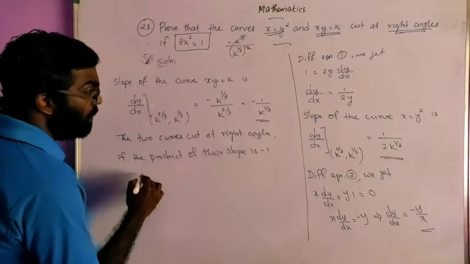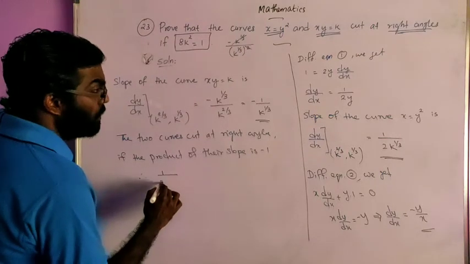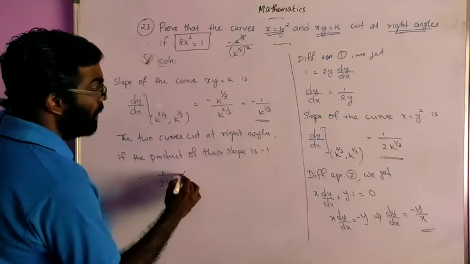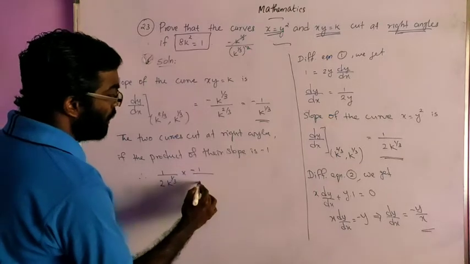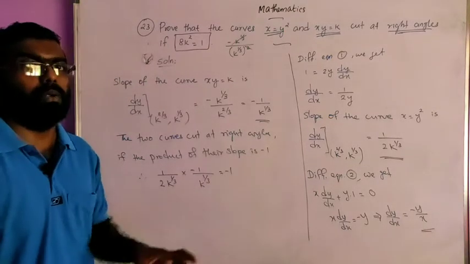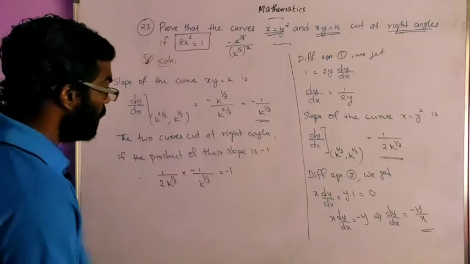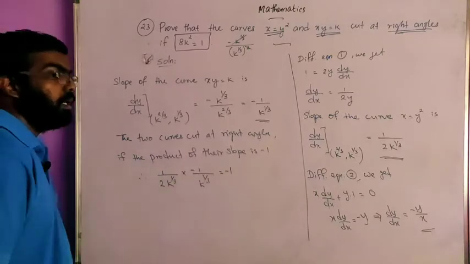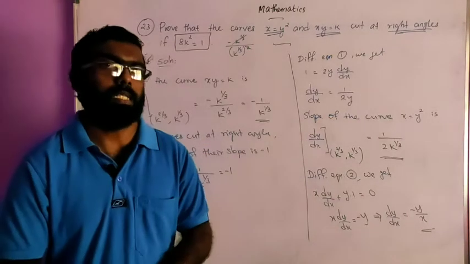So we can write, therefore, 1 by 2 k raised to 1 by 3 into minus 1 by k raised to 1 by 3 equal to minus 1. m1 into m2 is equal to minus 1. Okay, product of their slope is equal to minus 1 since the curves cut at right angles.